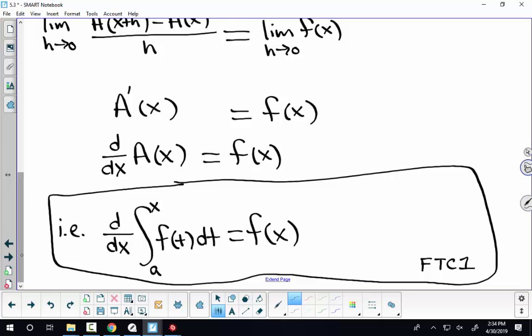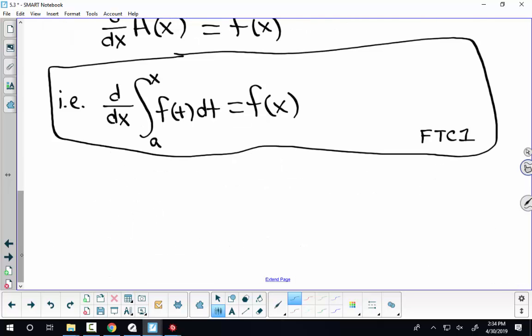We'll see how to evaluate that in a minute, but this is telling us that the derivative of the area function is the function itself, and if we know something about the derivative, then by implication the area function is the antiderivative of the function of x, or f of t dt, if you will. Doesn't matter. It's just that the antiderivative is related to the area in a particular way.